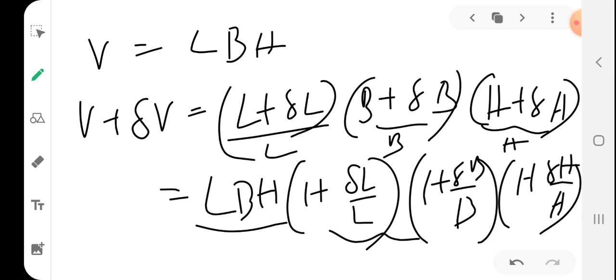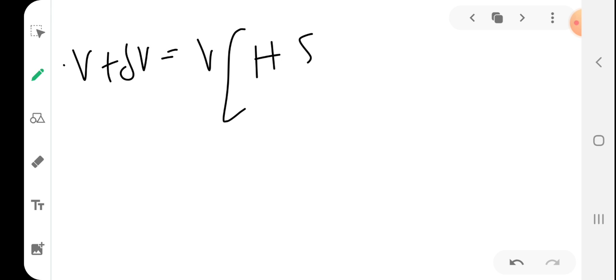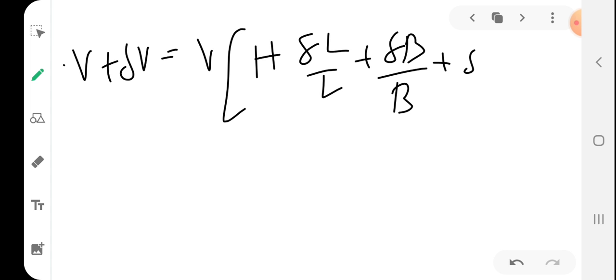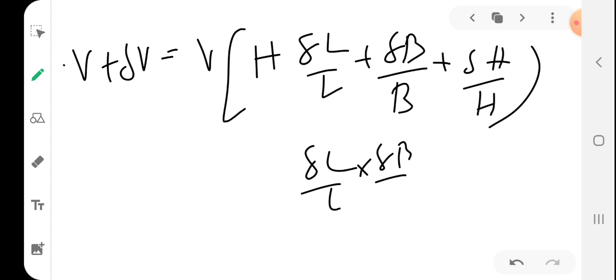If you open the bracket, you get V plus delta V equal to V into 1 plus delta L by L plus delta B by B plus delta H by H, and many terms get cancelled. Terms like delta L by L into delta B by B you can neglect, because delta into delta is very small. So smaller terms are neglected.